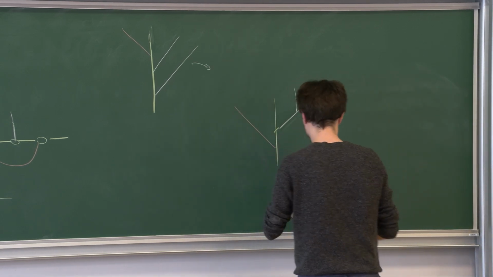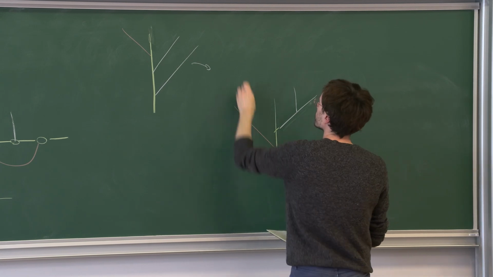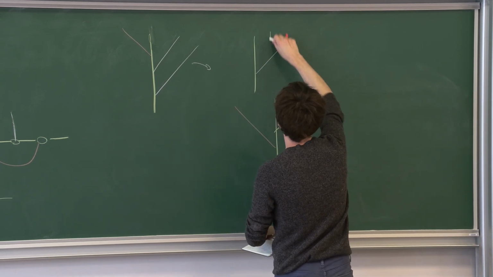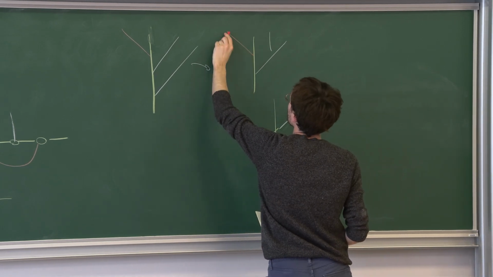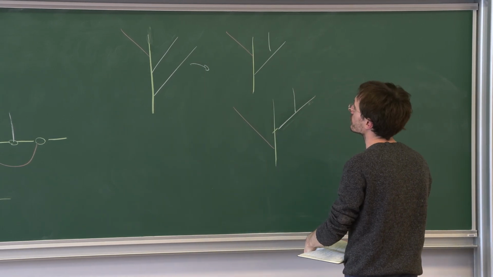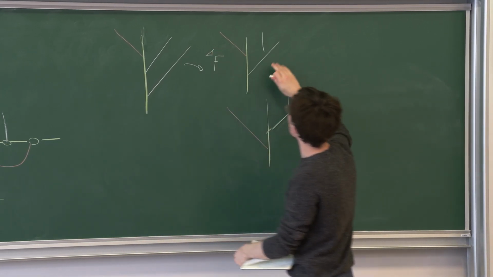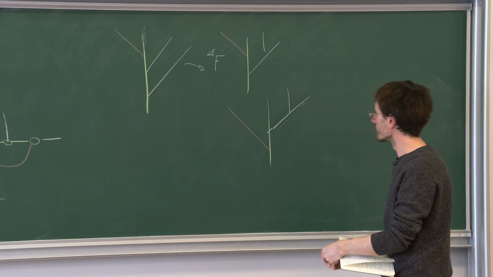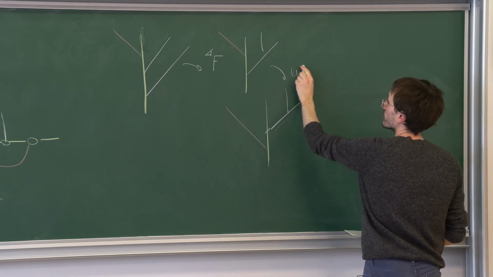The first one is this one. I'm first using the module associator, so here I'm using this F. I'm changing the order. I'm fusing these two lines instead of acting with these ones. And then to go to here, I'm using my omega.